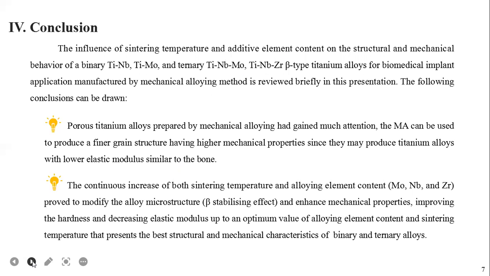Porous titanium alloys prepared by mechanical alloying have gained much attention. The mechanical alloying can be used to produce a finer grain structure having higher mechanical properties, since it may produce titanium alloys with lower elastic modulus similar to the bone.